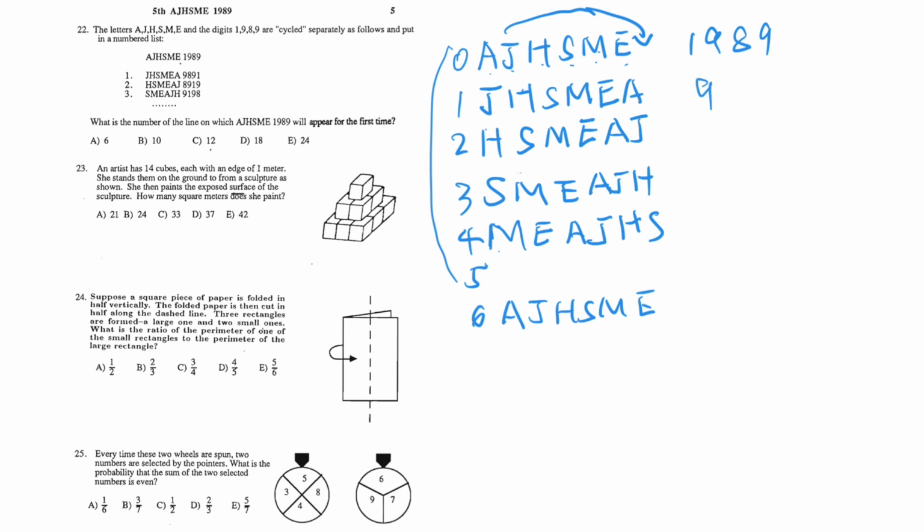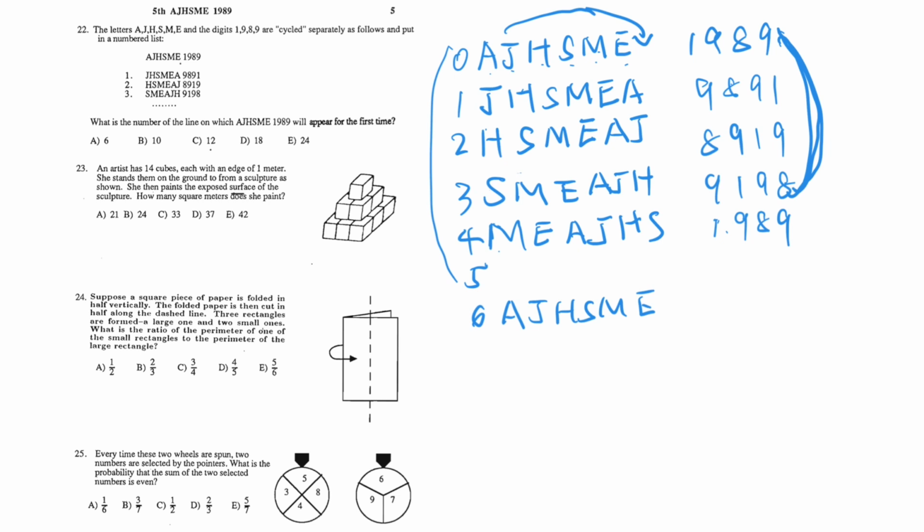That will be 9, 8, 9, 1, then 8, 9, 1, 9, and then 9, 1, 9, 8. Again, every 4 digits repeating. The 5th time is 1, 9, 8, 9. So it repeats every 4 for the digits, and the letters AJHSME repeat every 6.